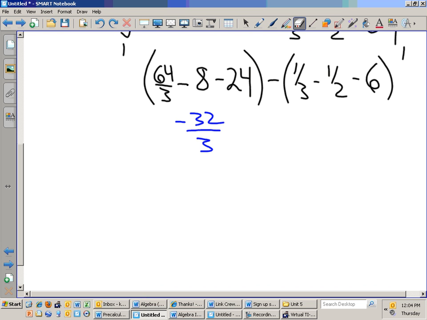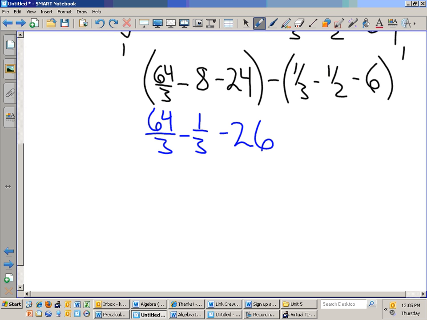Because you guys do it like that, I trust you're all capable of using a calculator. I'll just show you what I do really quick, and then you can decide what method you would like. I would go like this. I would go 64 over 3 minus my 1 over 3. I have a minus 8 and a minus 24, which is a minus 32, and then plus a 6, which is minus 26.